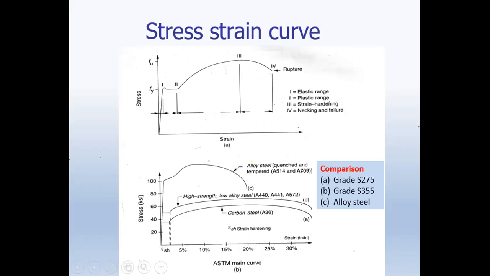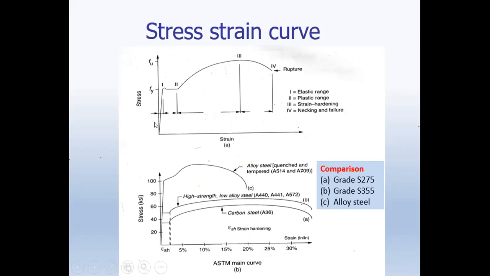So we have several ranges when steel is loaded. Here we have 4 ranges. The first range, this one, is what we call the elastic range. During the elastic range, the material is still elastic.